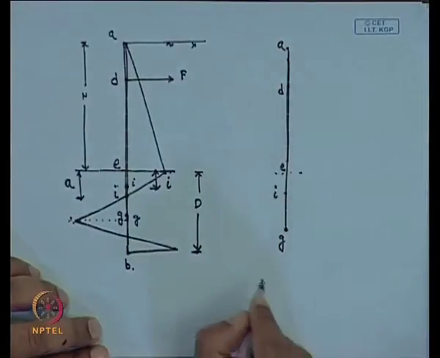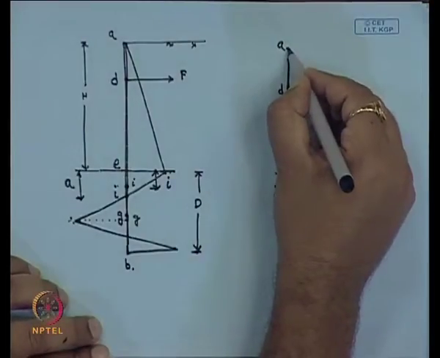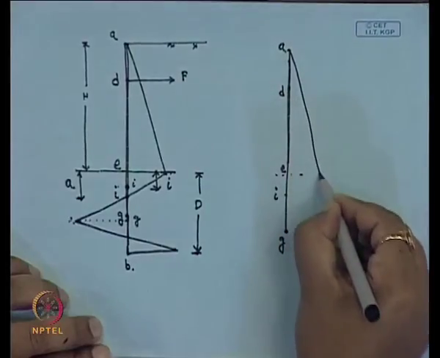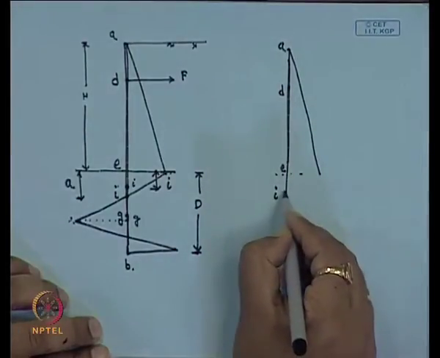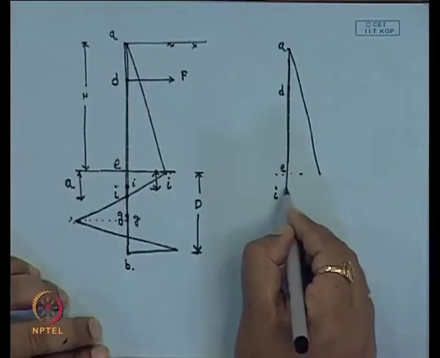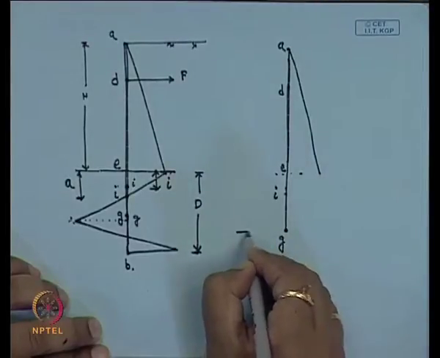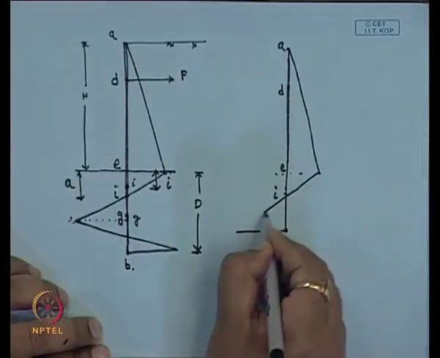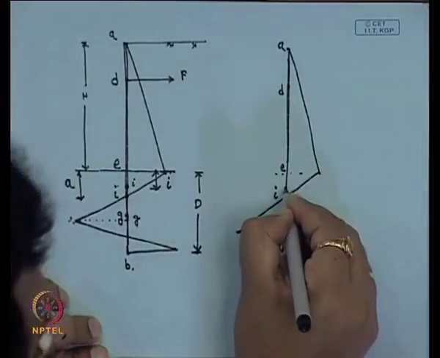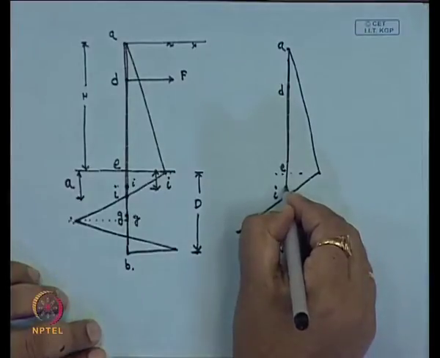So, you will get this type of diagram, and the I point is here somewhere.